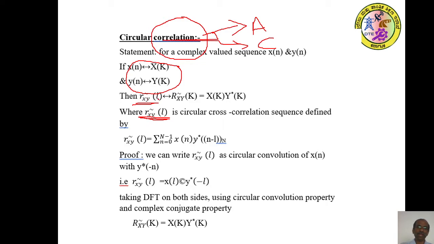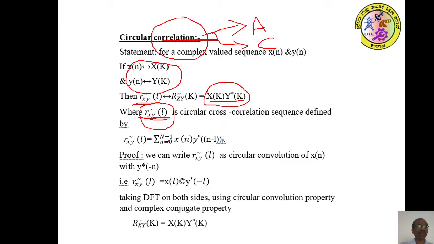Rxy tilde of L is transformable to Rxy tilde of k, which is defined as X of k into Y star of k. A simple way of remembering is that performing circular correlation is equivalent to multiplying their DFTs, first function X of k with second function Y star of k.